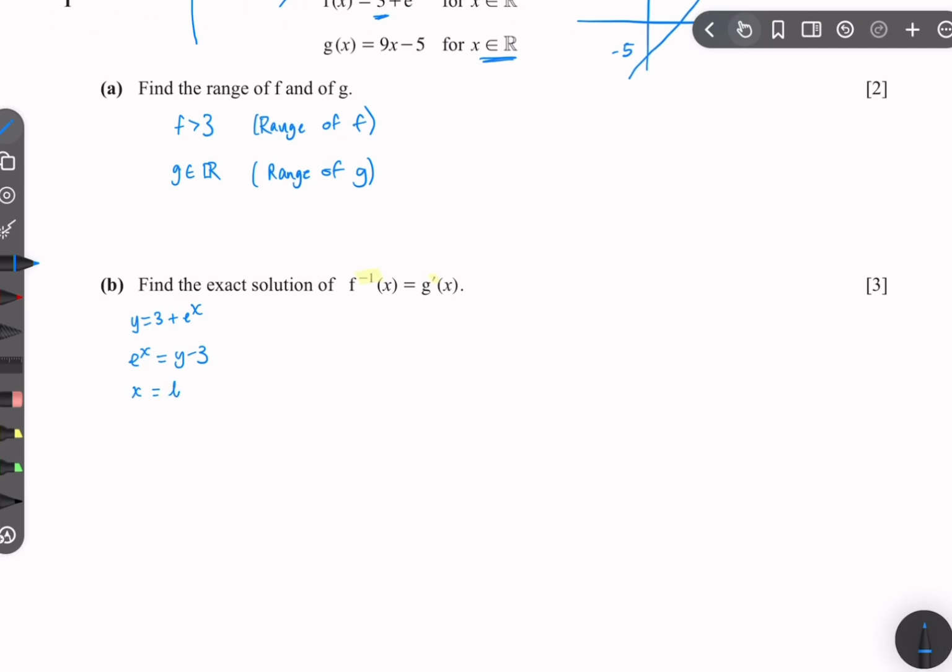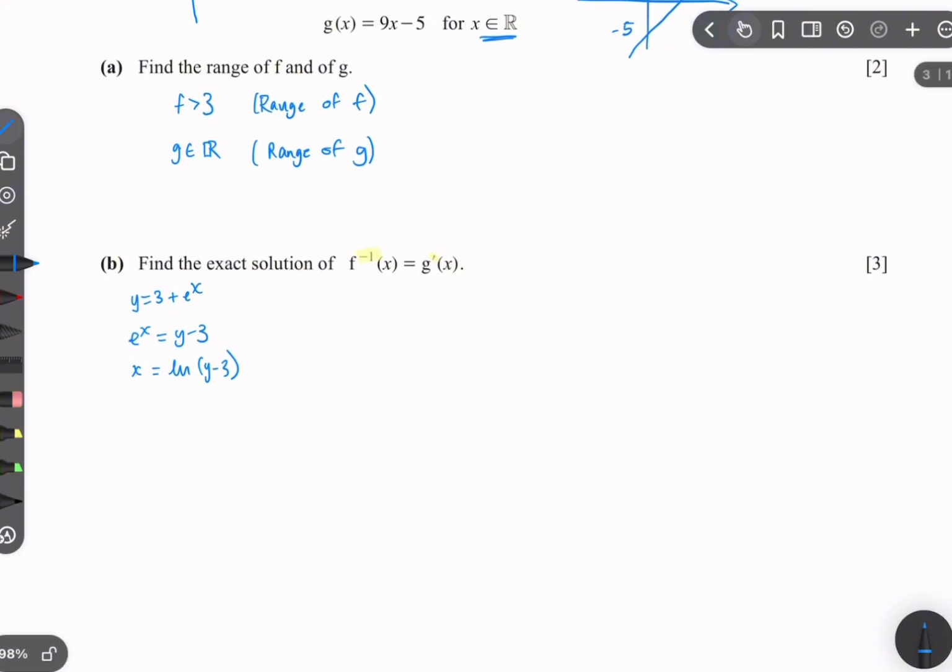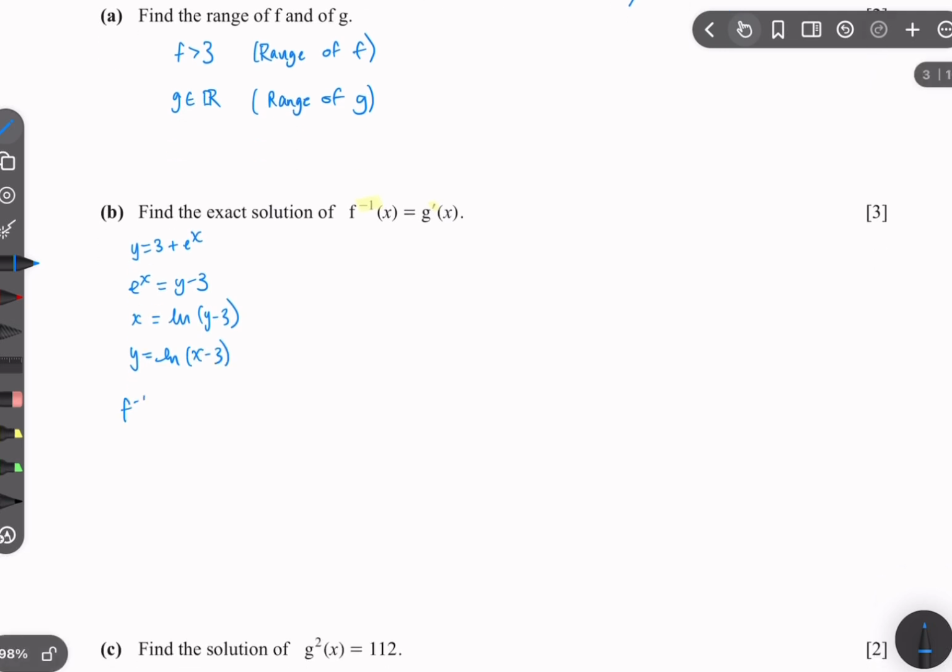The inverse of e to the power of x is ln. Now that x is the subject, we switch x and y around. So the inverse of f is ln(x minus 3).